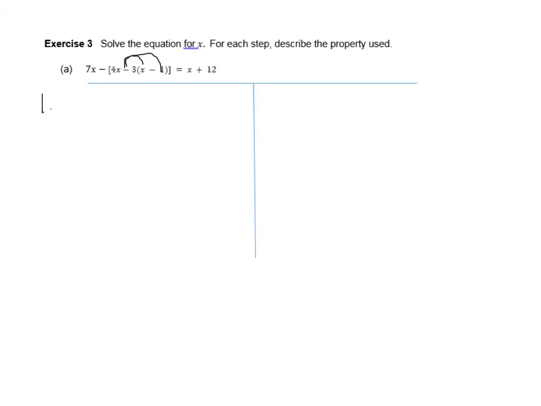So in step 1, we're going to end up with 7x minus, in parentheses, we now have 4x minus 3x plus 3 equals x plus 12. To get rid of those parentheses, I distributed. So property number 1 is distributive property.